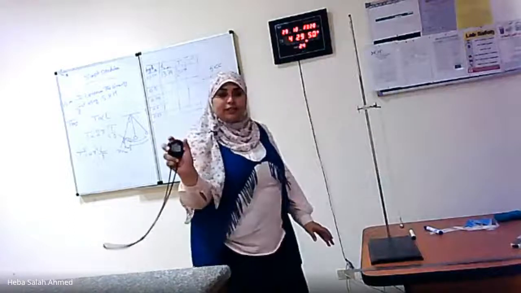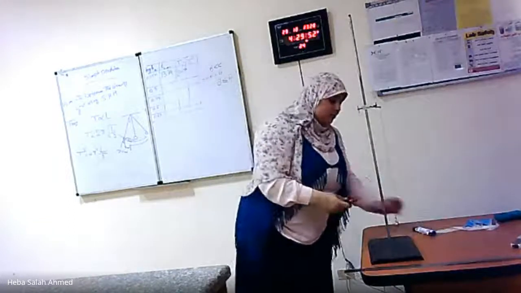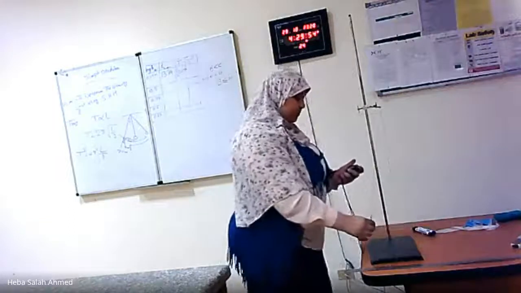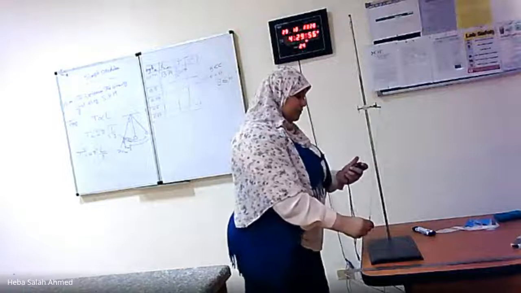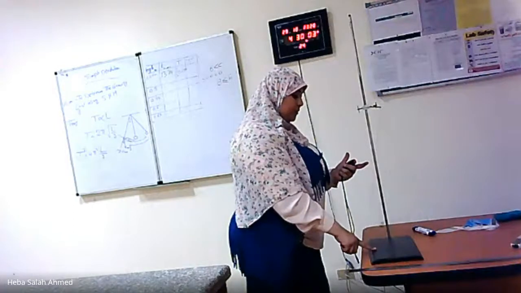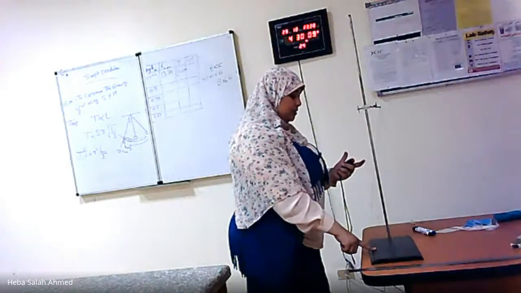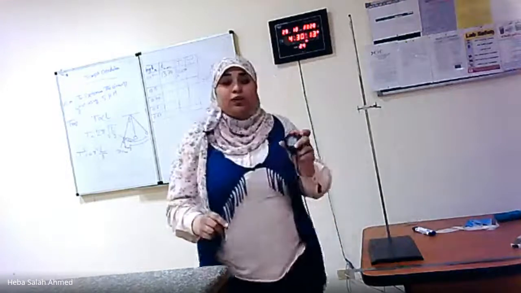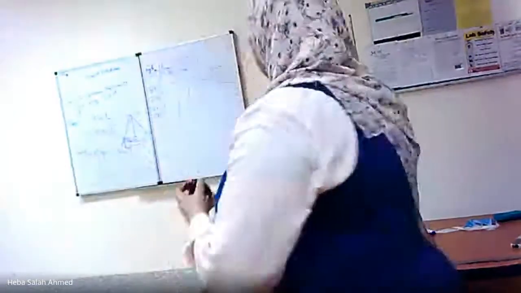So I'm going to reset and start my motion. Small angle. 1, 2, 3, 4, 5, 6, 7, 8, 9, and 10. Right now, I get a time of 13.99.